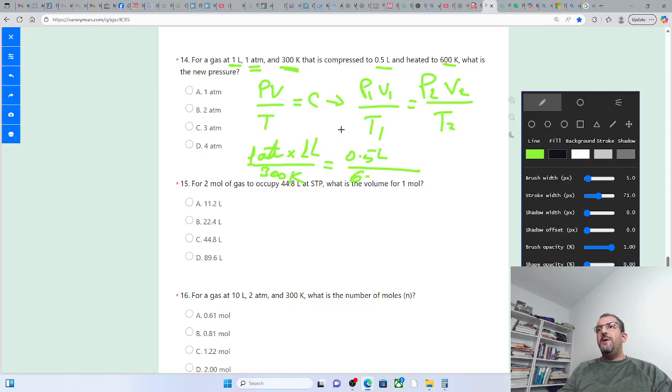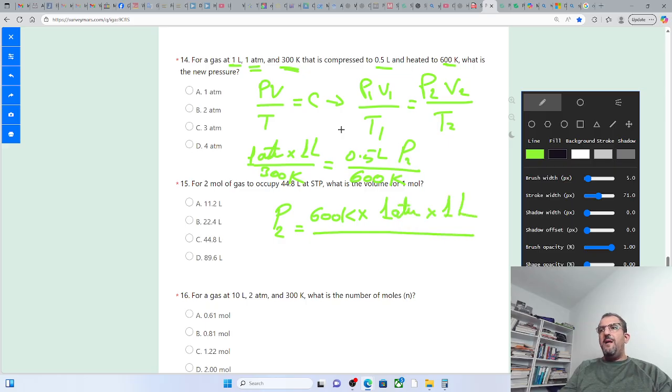Final temperature is 600 Kelvin. And final pressure, we don't know. So now we can solve for P2, which is equal to 600 Kelvin times 1 atmosphere times 1 liter, and then divided by 300 Kelvin.